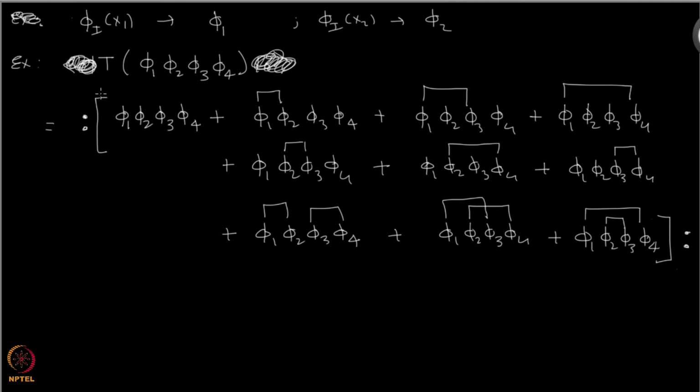Okay, this is the result. Now you see that if you were to sandwich this time order product of these 4 fields between vacuum, this will contribute 0 because they will kill the vacuum because of normal ordering. So what I'm using is the following. If you have a normal order of a sum of operators, let's say the OIs are some operators, then this is just the sum of the OIs in normal order.